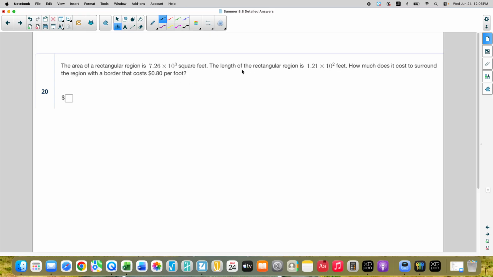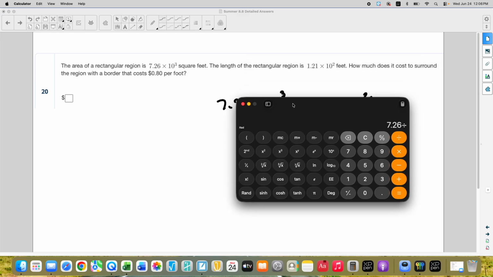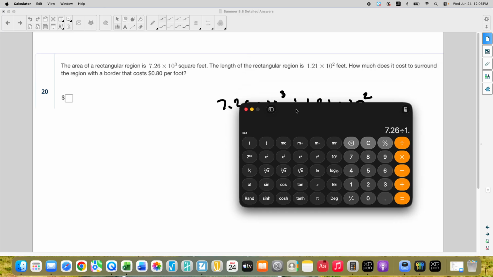We're going to get 7.26 times 10 to the third, the area, divided by the length, 1.21 times 10 to the second. So we'll divide these two. 7.26 divided by 1.21 gives us a nice clean 6.